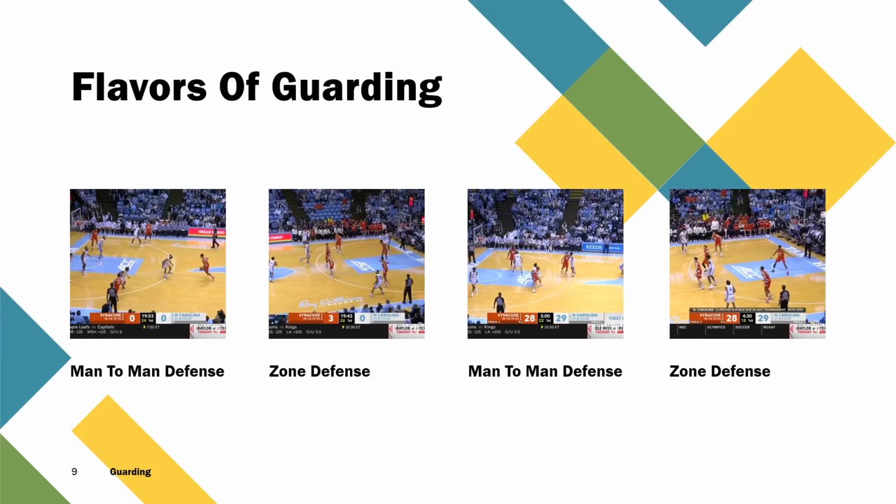Basketball teams have two options of defense to play against their opponents: man-to-man defenses, as we see in the images by North Carolina against Syracuse, or zone defenses, as we see Syracuse playing against North Carolina. We will use this particular game that occurred in 2022 in the rest of this presentation.